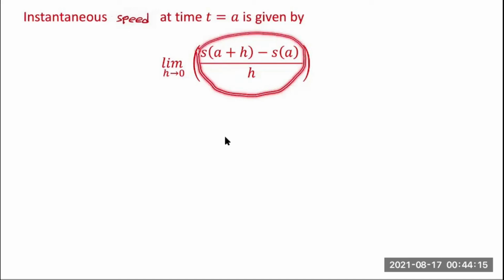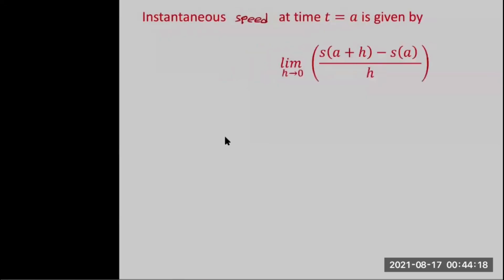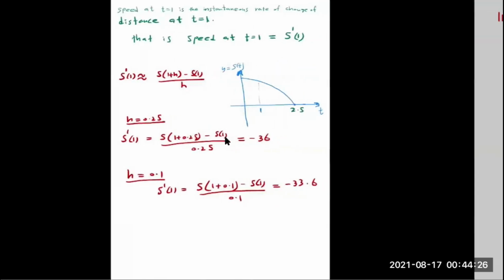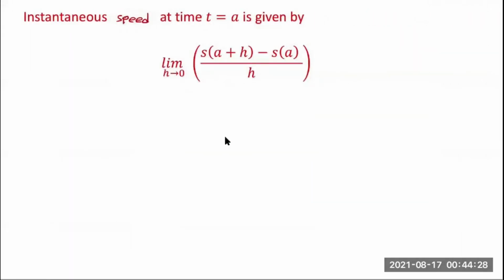You don't take the limit, and you take your h to be a very small number, just like what we did in the previous example. But if you want to find the exact value of the instantaneous speed at t equal to a, you find the limit of this quantity as h approaches 0. That will give you the instantaneous rate of change of distance at t equal to a. So that's the last definition I wanted to talk about.